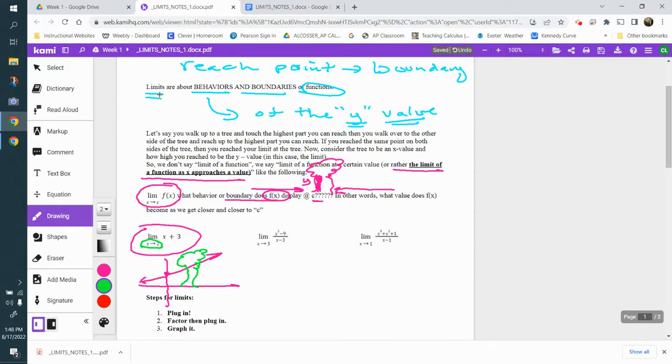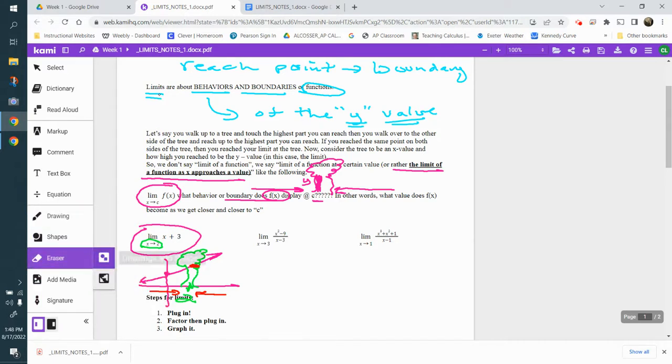Now, that tree is at 2. If I approach the tree from the left and right, what is my y value? Well, you've got three ways to do it. So at 2, what's the boundary? Well, this one I can plug in.